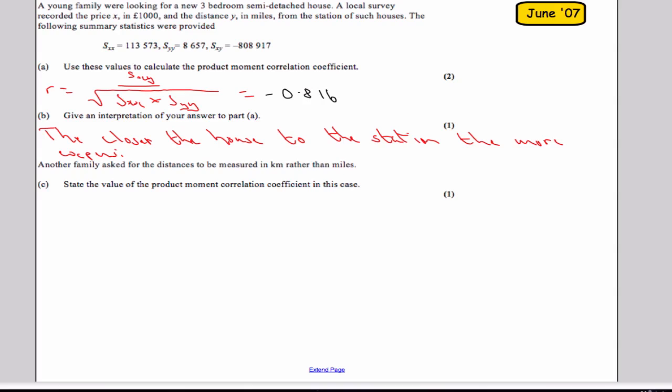So in other words, if you're close to the station, it's going to be an expensive house. If you're further away, it gets cheaper. So as the distance increases, the price of the houses comes down.